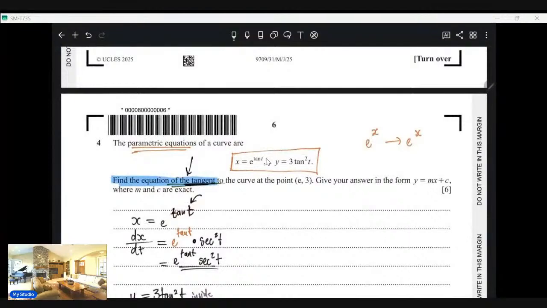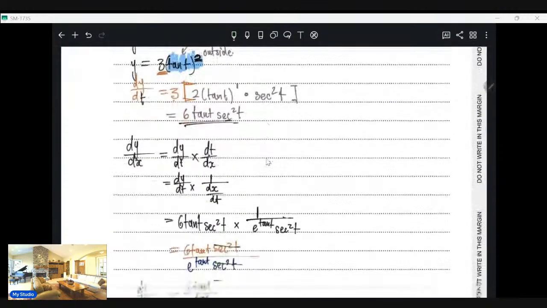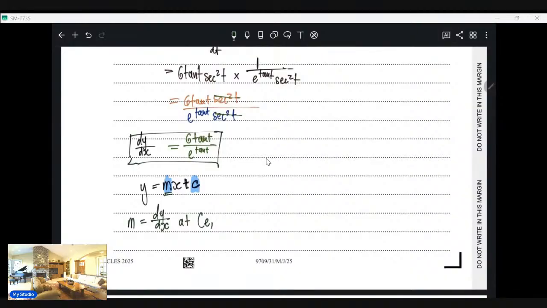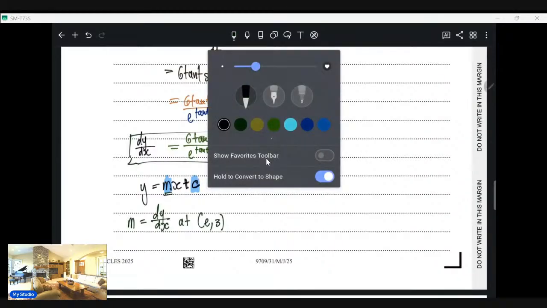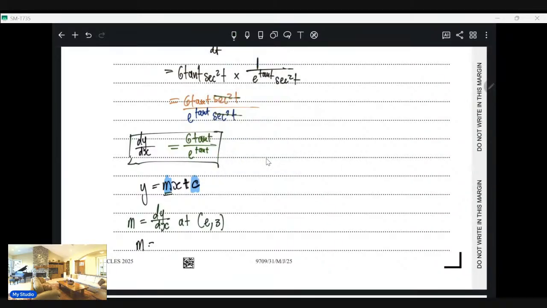Let's go to the curve at the point (e, 3). So at (e, 3), dy/dx is the m, which is great. So we can now say m will be equal to dy/dx, which is 6 tan t over e to the tan t.